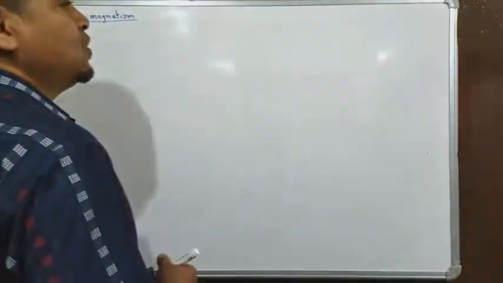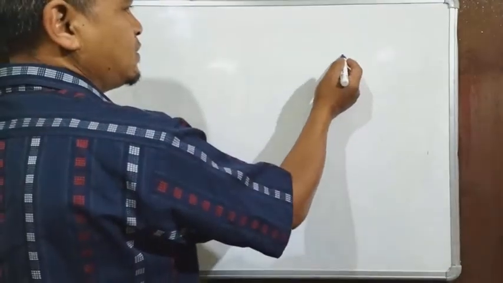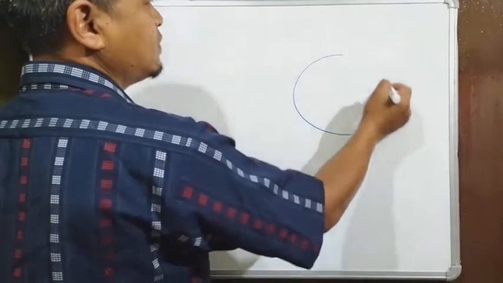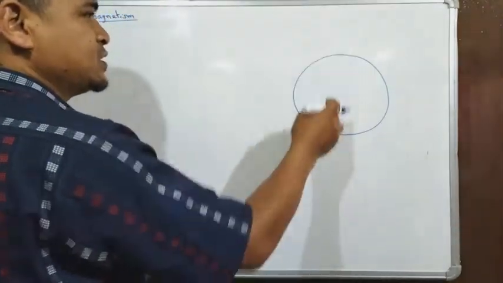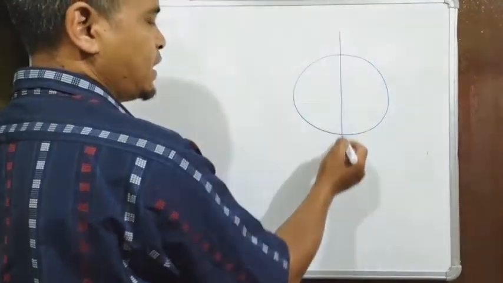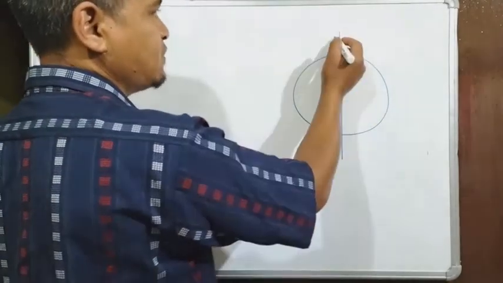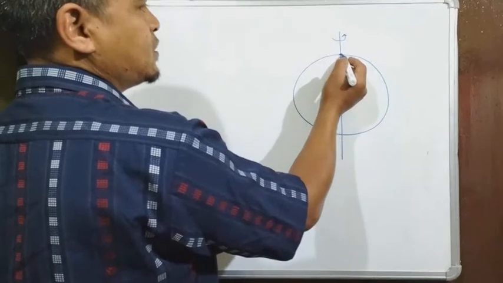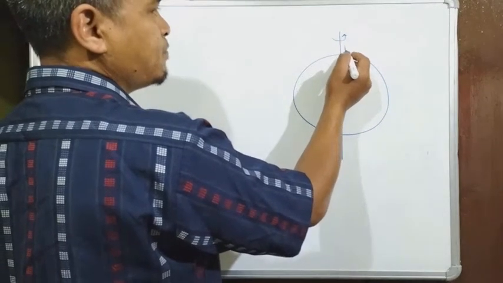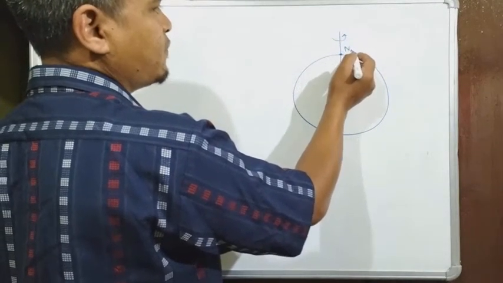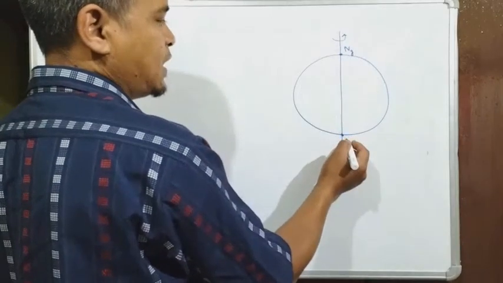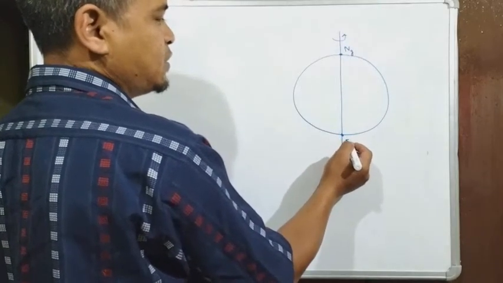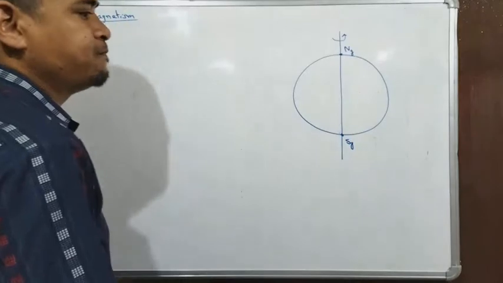For that, we will look at this figure, in which this is the Earth, and let's say this is the axis of rotation of the Earth. Suppose this point is the geographic north of the Earth, and this point is the geographic south of the Earth.